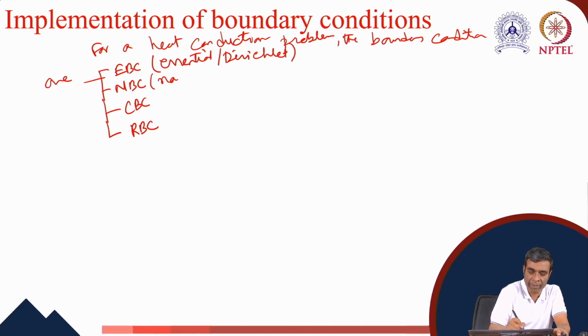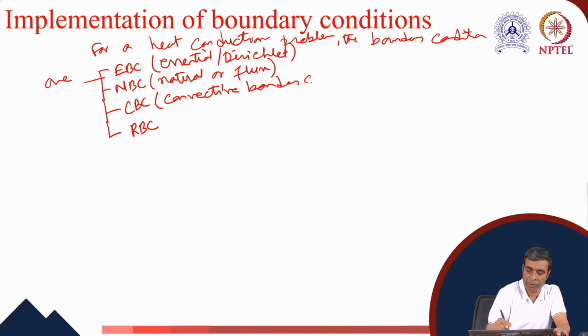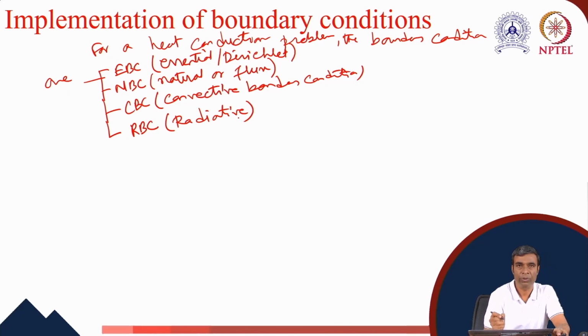NBC is the natural or flux type boundary condition. CBC is the convective boundary condition, and RBC is the radiative type boundary condition. So we shall illustrate the implementation of boundary conditions in 1 dimension and 2 dimensions.